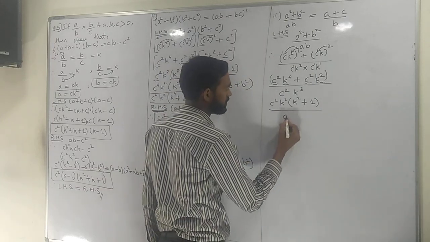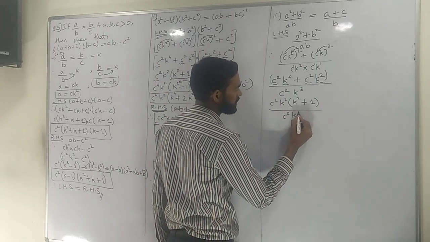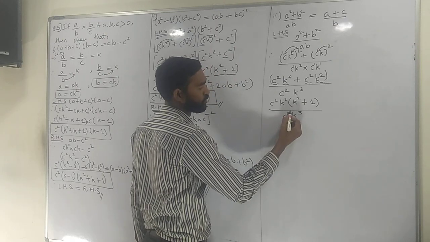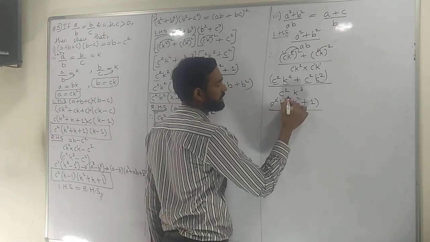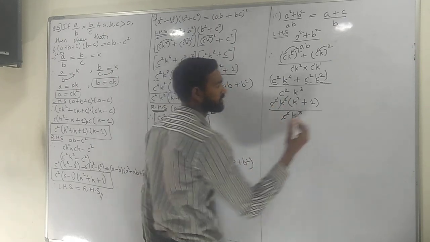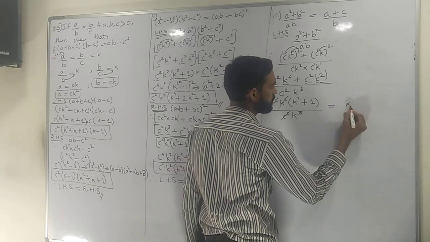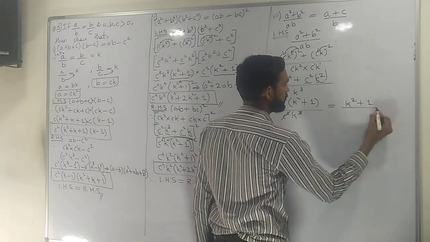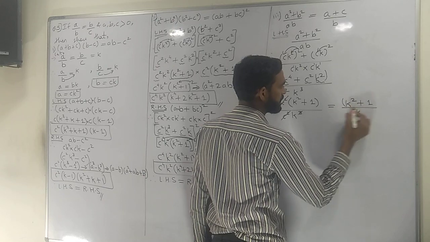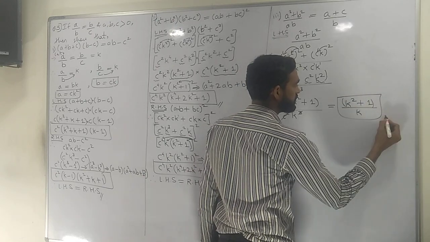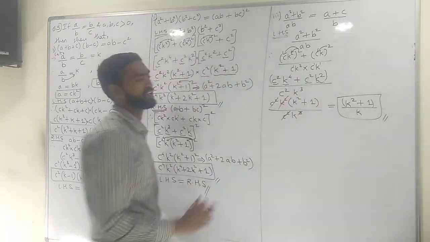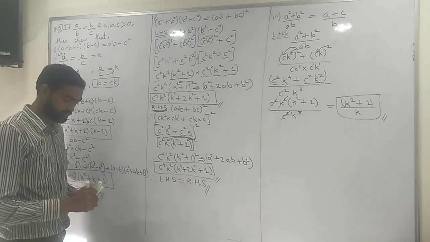Now the denominator is what? C square k raised to 3. Now look, c square will cancel. K square will cancel. So my final answer is what? K square plus 1 upon k. This will be the answer for the left hand side of my solution.